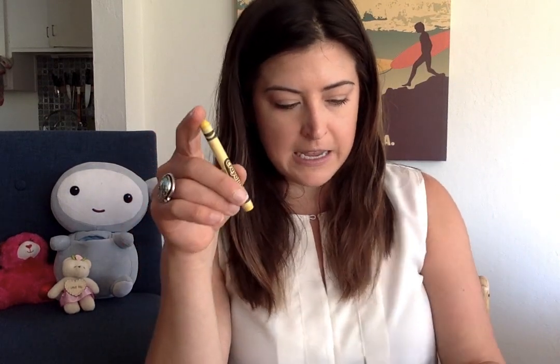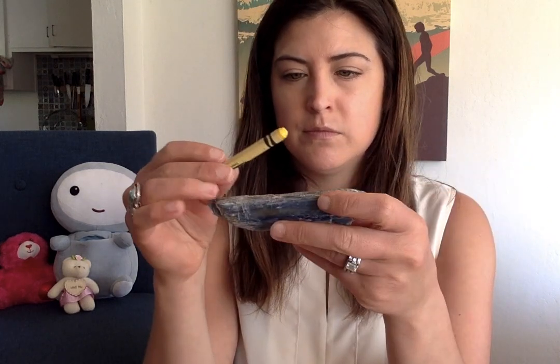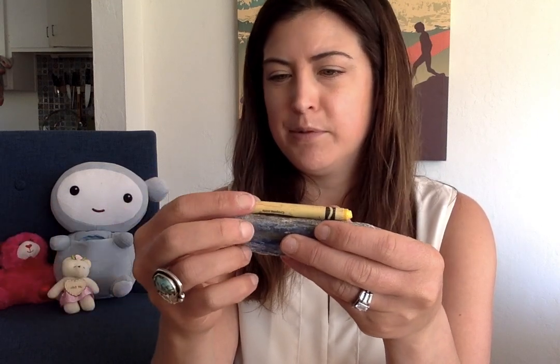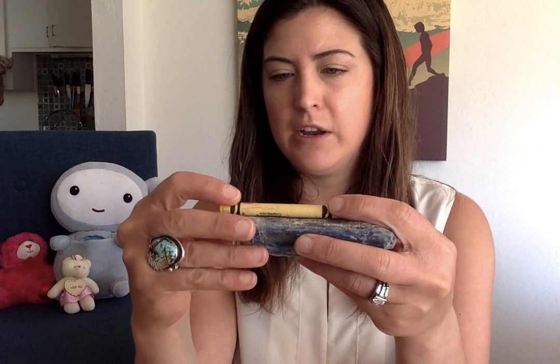Okay, let's get 2 more objects. How about our yellow crayon and a rock? Is this how I do it? No, that's not lined up. Okay, I'll line it up all the way down here.